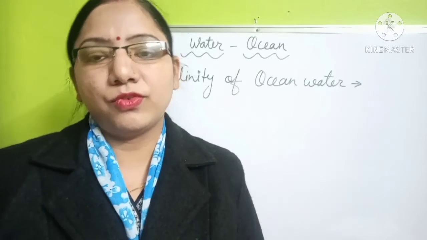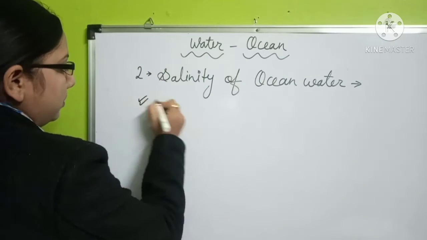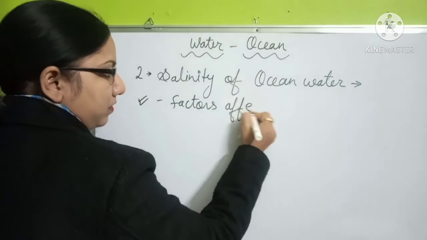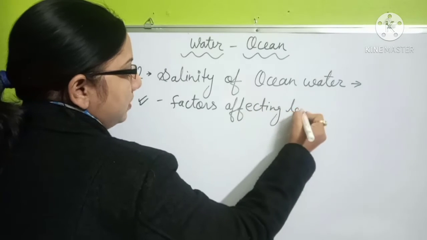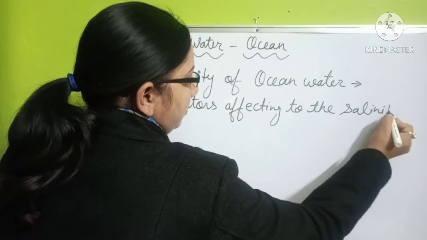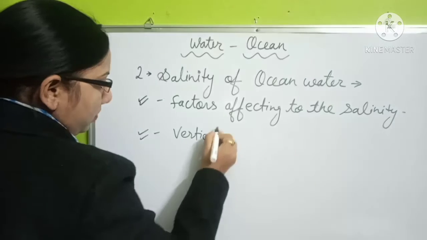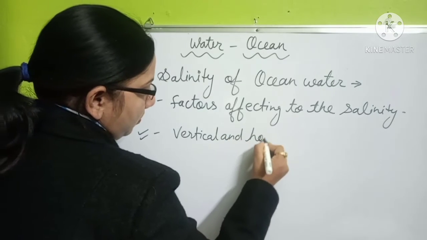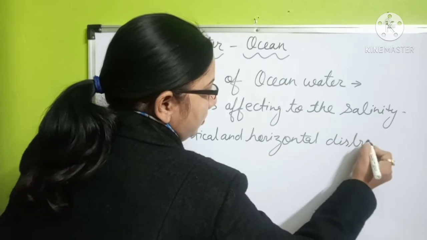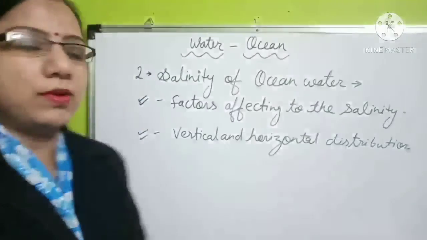Under the topic of salinity of ocean water, again we will study the factors which are affecting the salinity of oceanic water, and the vertical and horizontal distribution of oceanic water salinity. So these will be our second topics.